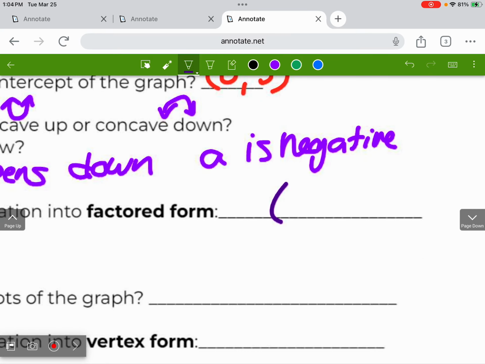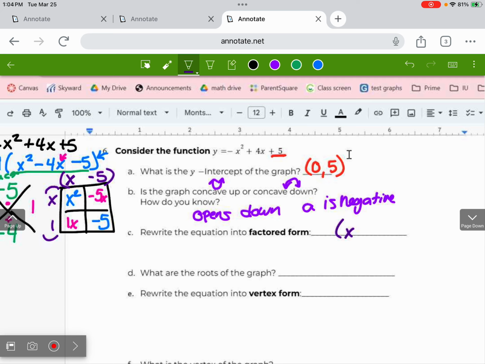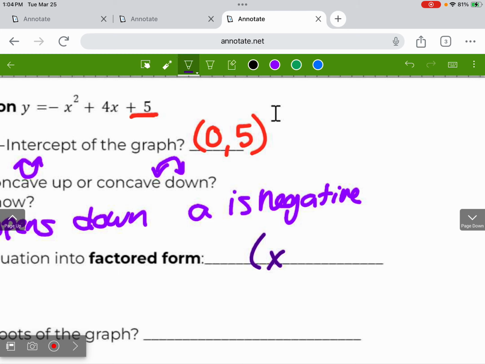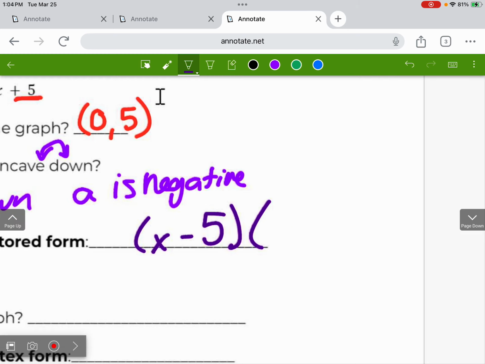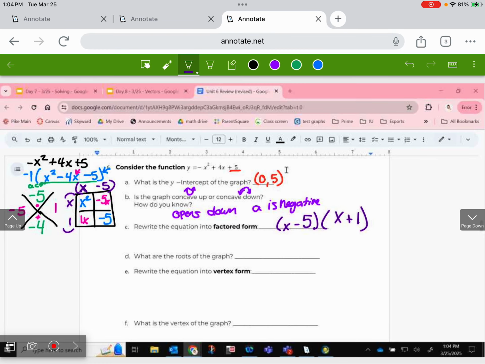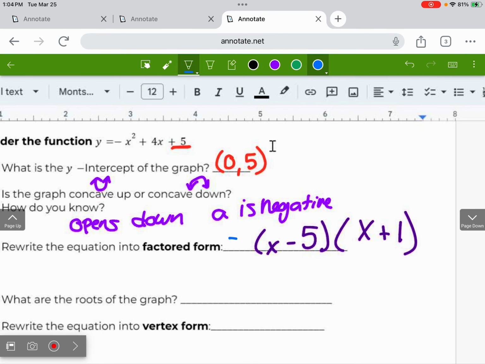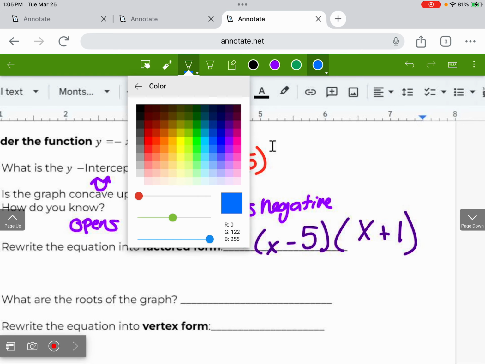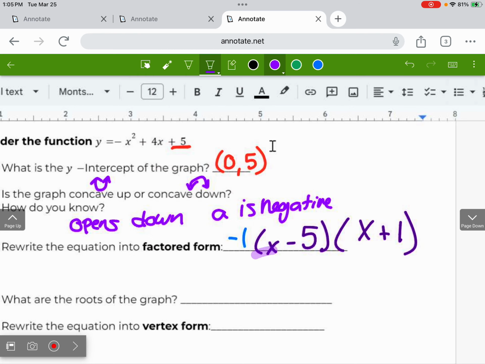So our factors include our x minus 5 and our x plus 1. But we also need to include that a that we pulled out, this guy over here, our minus 1 is that a value out in front. So this is our factored form.